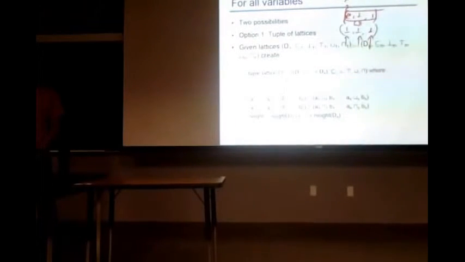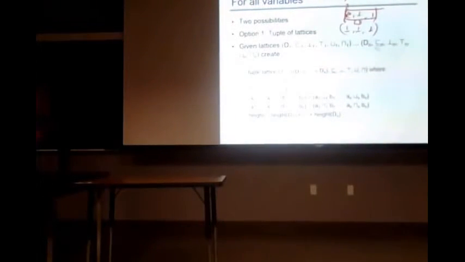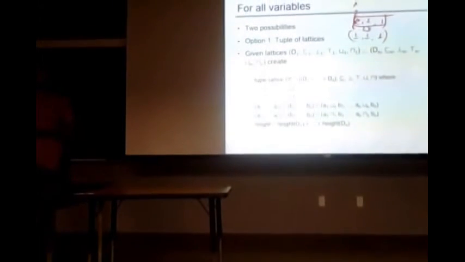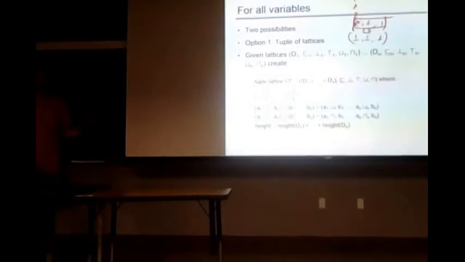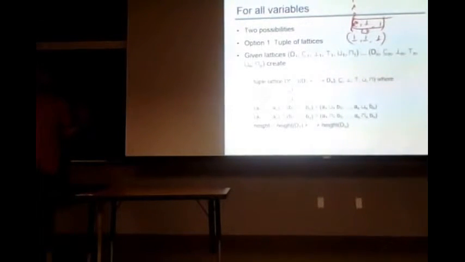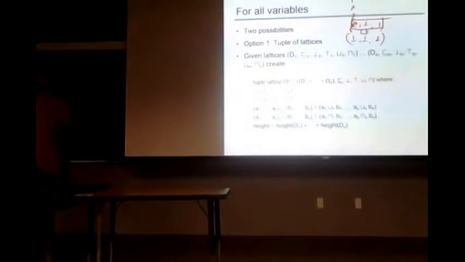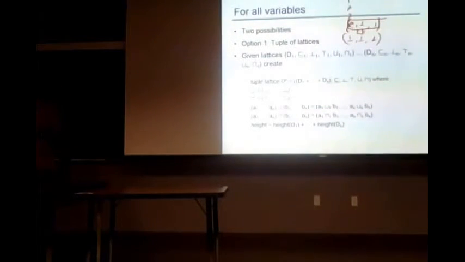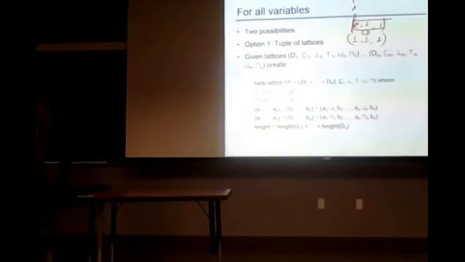So if my program has two variables, A and B, then I will store a pair where the first element will be an element of the constant propagation lattice, and the second element will also be an element of the constant propagation lattice.